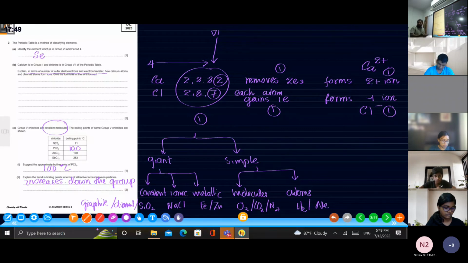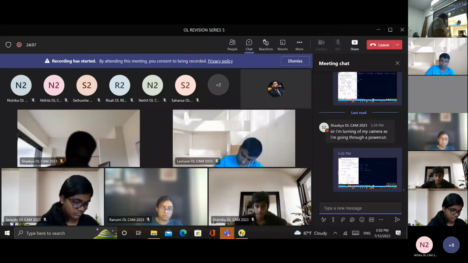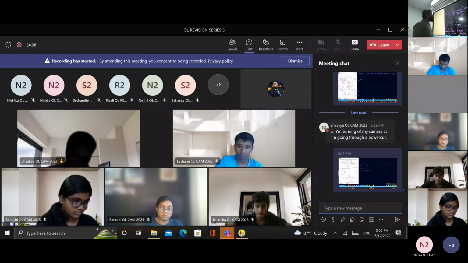And then the only thing you can say at all levels is that the intermolecular attractive forces become stronger down the group. That's all you can tell; you can't say much more at this level about these intermolecular attractions.